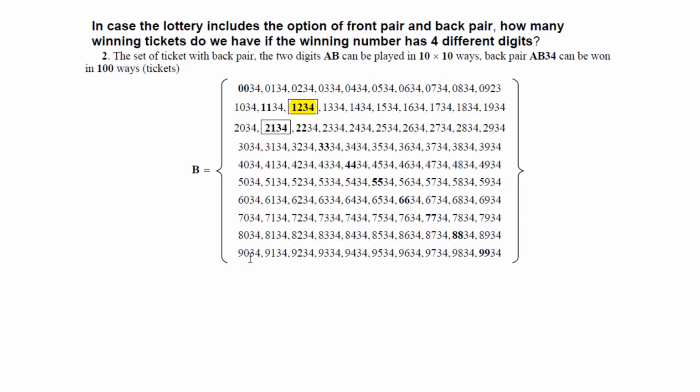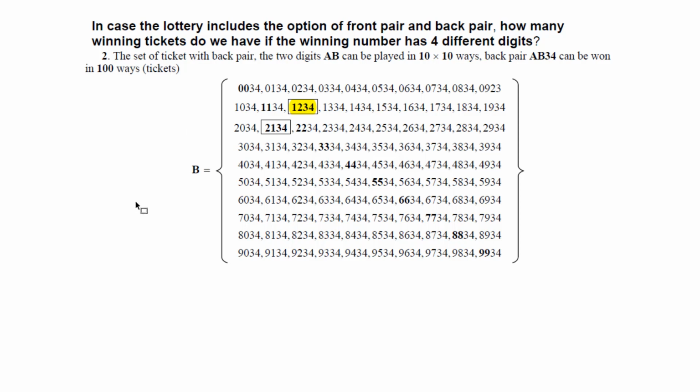So until now, we have 100 winning tickets and 100 winning tickets, but they have one mutual number, which is 1, 2, 3, 4, which means the number of tickets winning by front pair and back pair is 199.